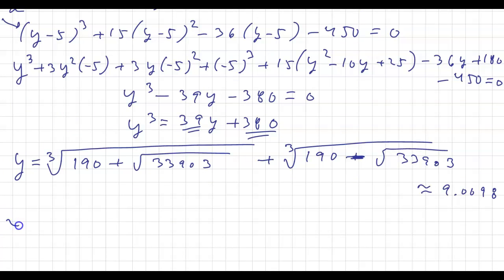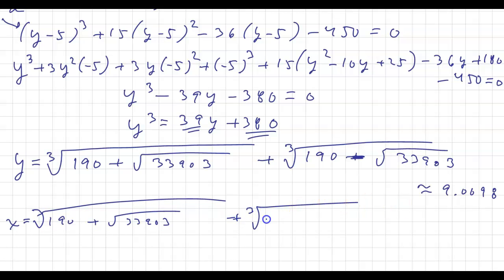So if we want to have an exact answer, all we could do is go like this, and then at the very end of all this, stick a minus 5 there.